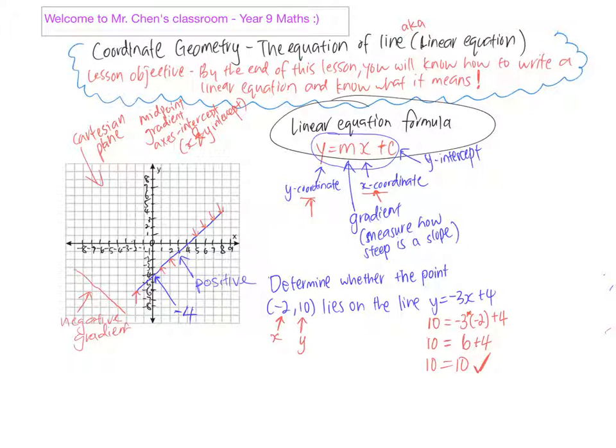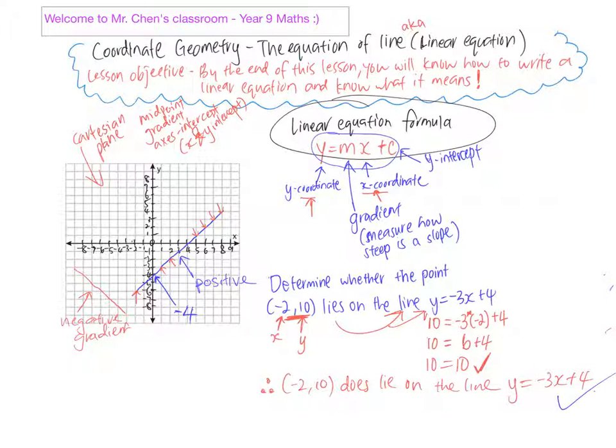If both sides are the same, that means these coordinates lie on that line, on that equation. So in conclusion, minus 2, 10 does lie on the line y equal to negative 3x plus 4. That's what it means.